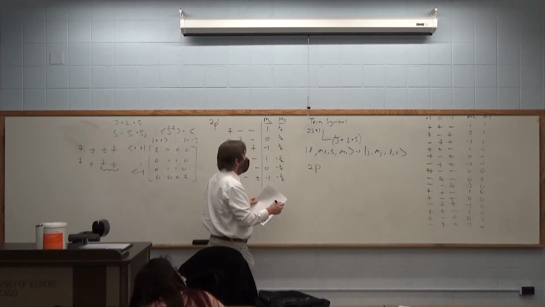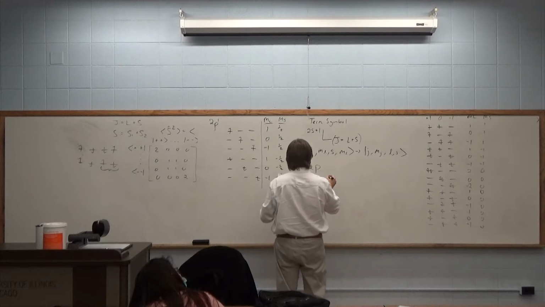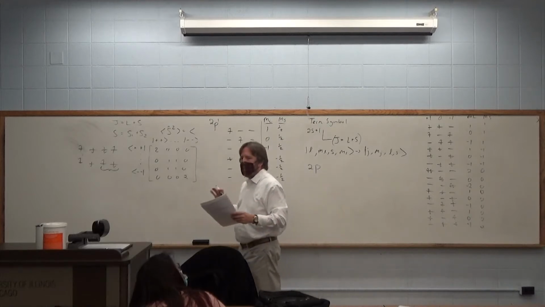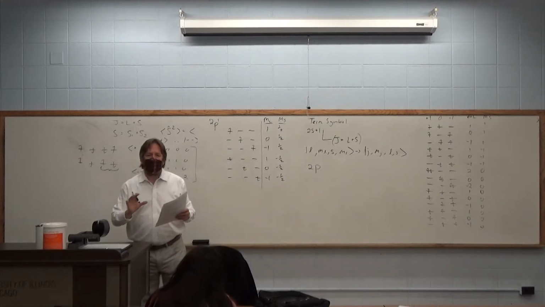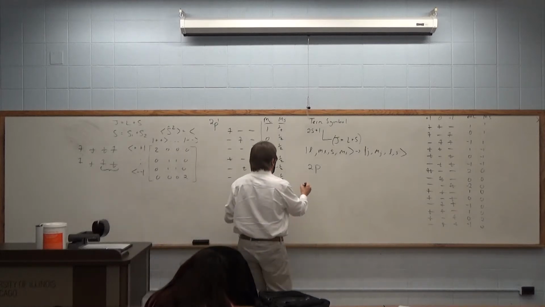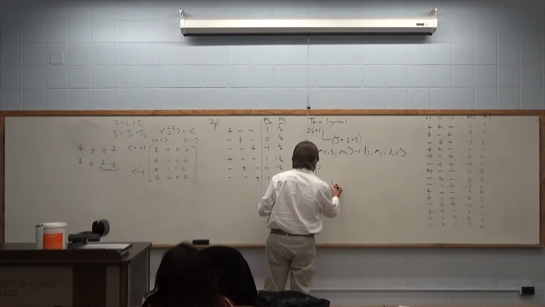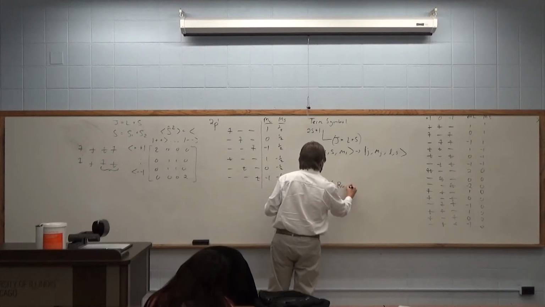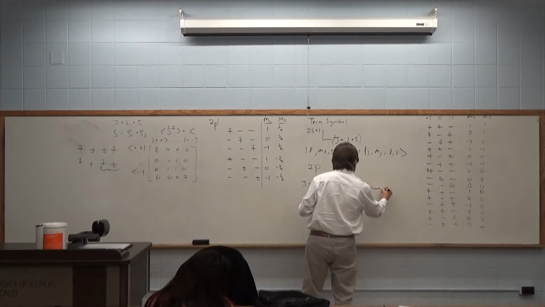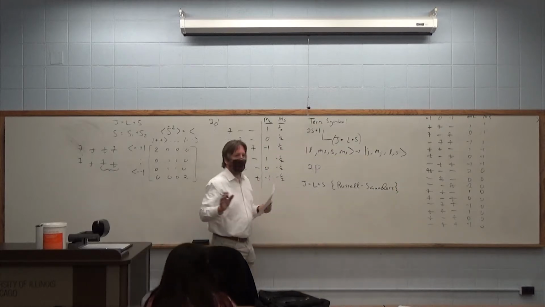Okay, now for the J's. This is where I ended last time, and I didn't really explain it. Now you're going to add L and S. So J is L plus S, and this is called the Russell-Saunders coupling scheme.